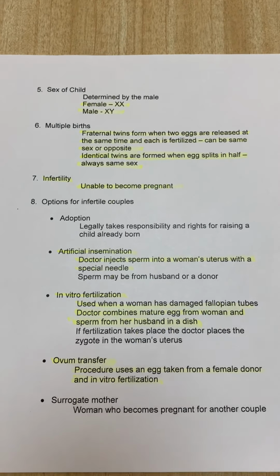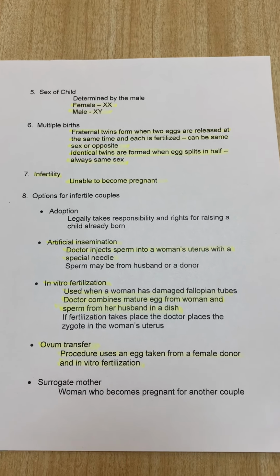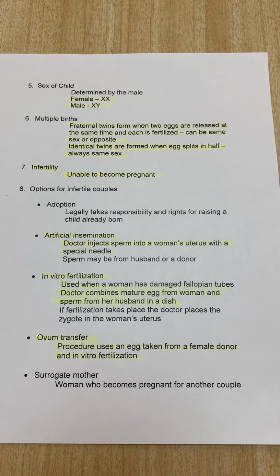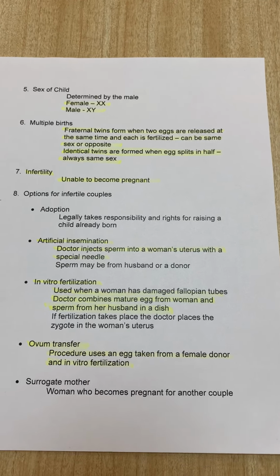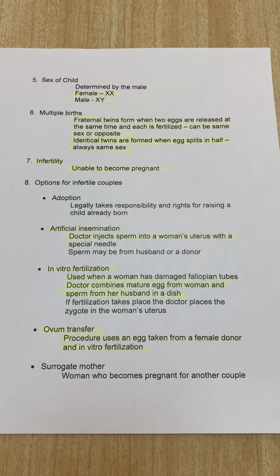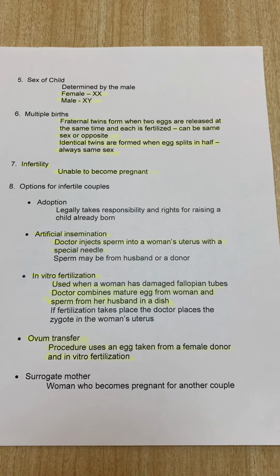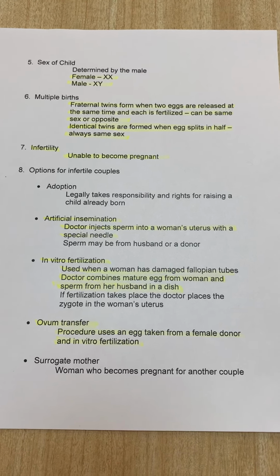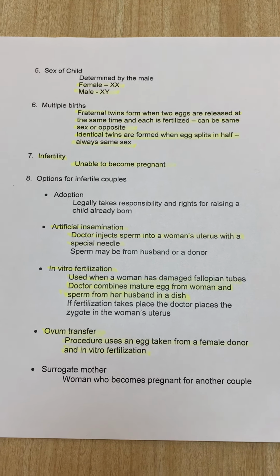And options for infertile couples, the ones that are included on the test: artificial insemination, and that's where the doctor injects sperm into the woman's uterus with a special needle. In vitro is probably the most common one that's used today. And that's for women who have damaged fallopian tubes, so the eggs can't travel down the tubes to become fertilized.